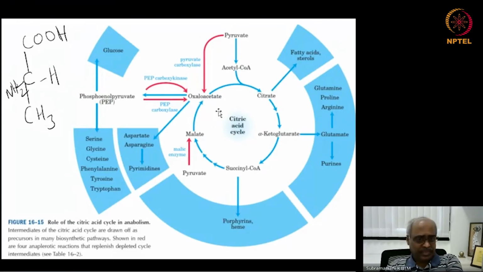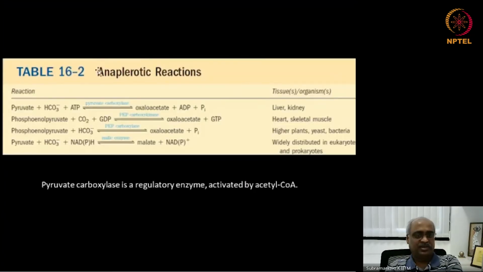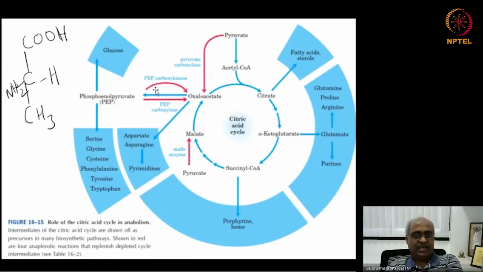So therefore oxaloacetate must be produced by some other means, and that kind of replenishing the TCA cycle intermediates is what is called anaplerosis or anaplerotic reactions. That is here. Okay, anaplerotic reactions. The noun is anaplerosis, and this is highlighted here.